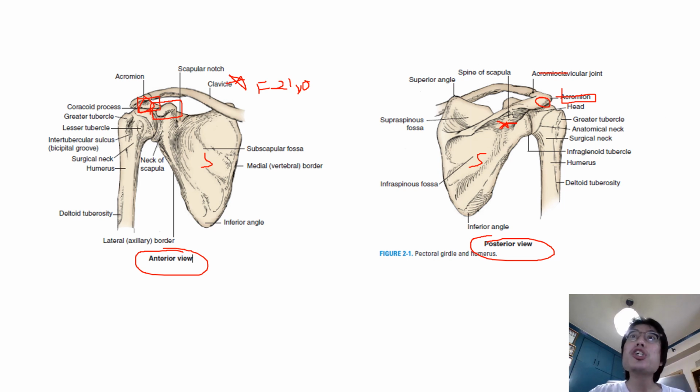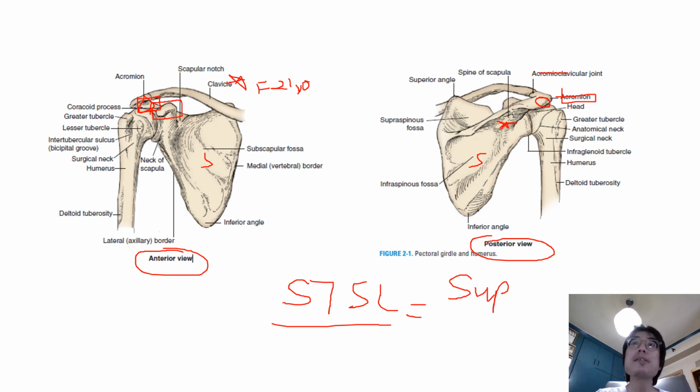The scapular notch over here, better seen in posterior view, is bridged by the superior transverse scapular ligament and converted into a foramen that transmits the suprascapular nerve. An important clinical correlate here is that calcification of the superior transverse scapular ligament may trap or compress the suprascapular nerve as it passes through the scapular notch.